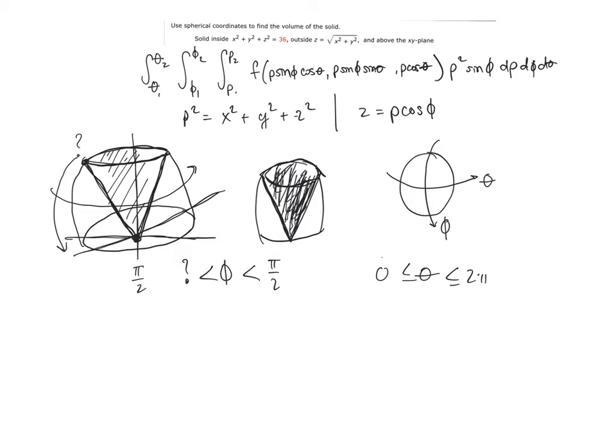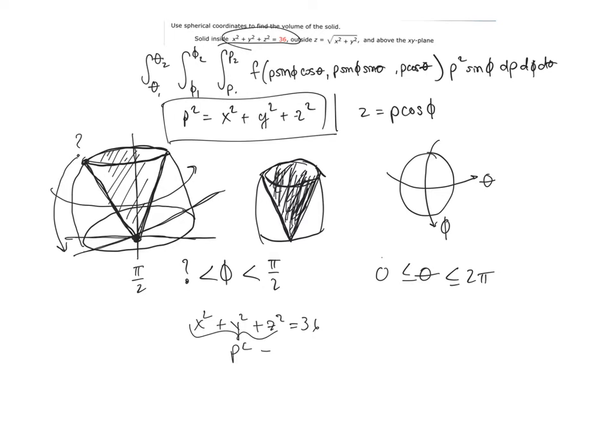Now for the rho, you know that x squared plus y squared plus z squared is rho squared. So you are given the equation of the sphere, x squared plus y squared plus z squared equals 36. You can substitute in rho squared equals 36, and then rho will be 6. So rho will be from 0 to 6.